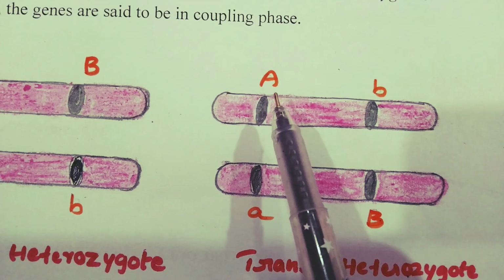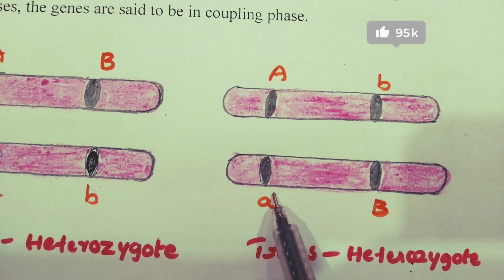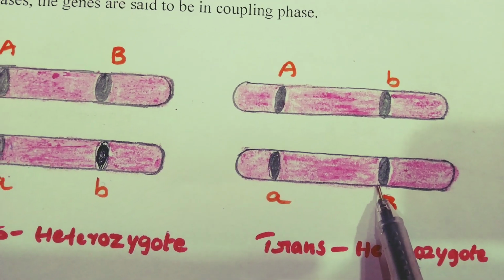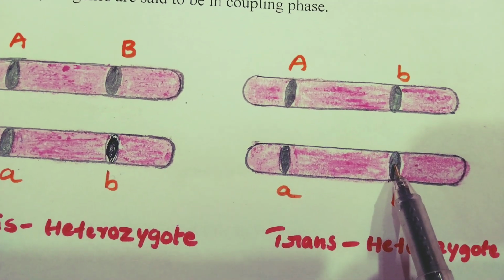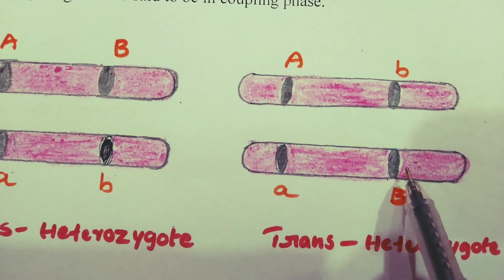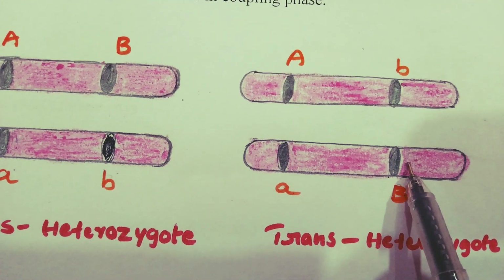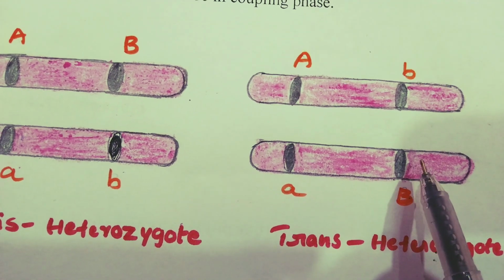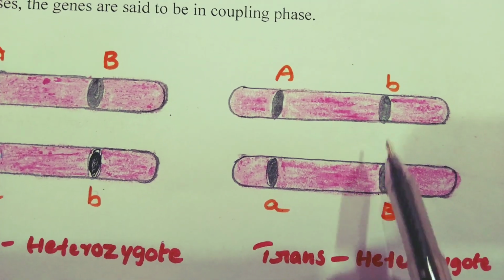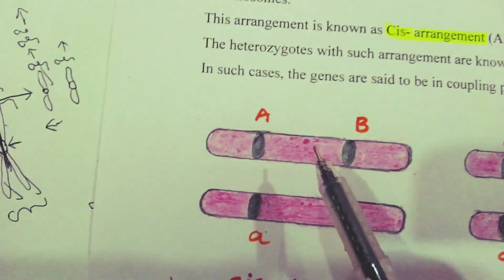Here one is dominant, one is recessive, and again one recessive, one dominant are present on the individual chromosomes. This type of arrangement is called trans arrangement or trans configuration. This heterozygote is called a trans heterozygote. So they are in repulsion condition.